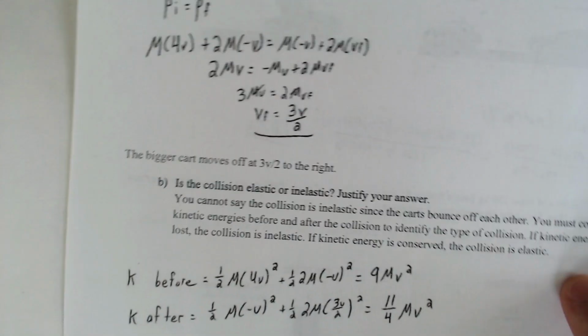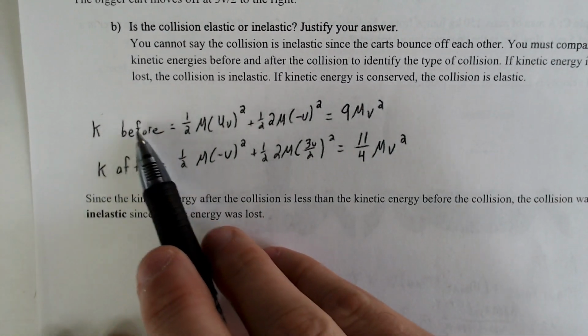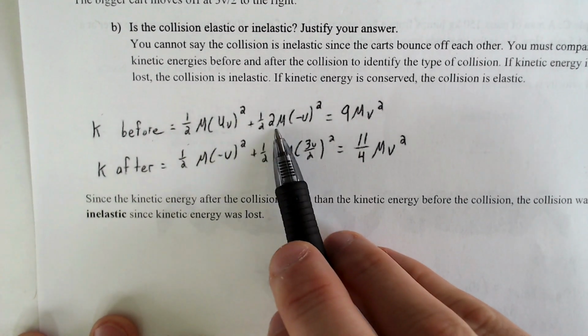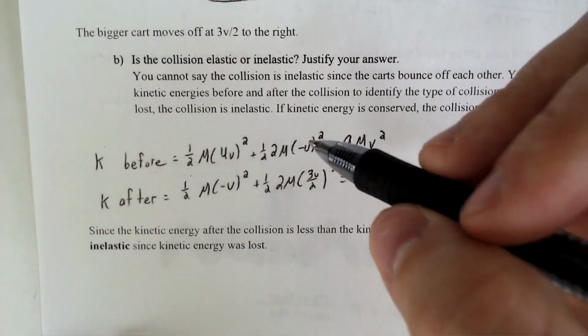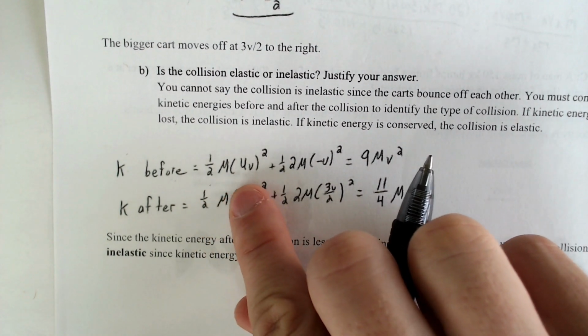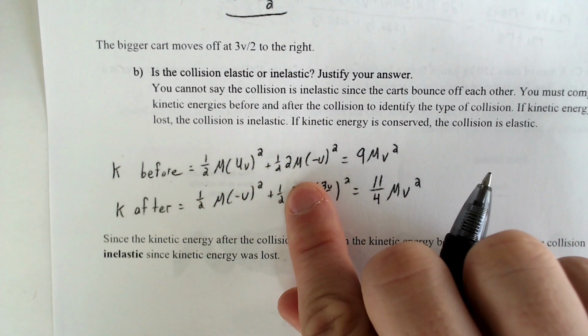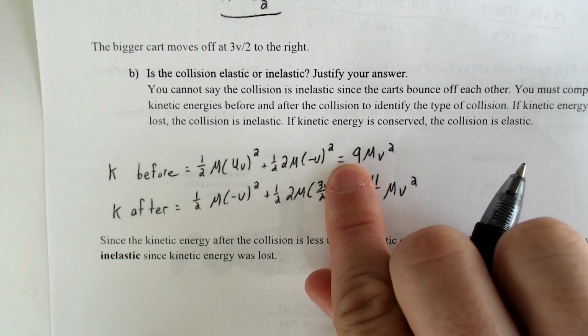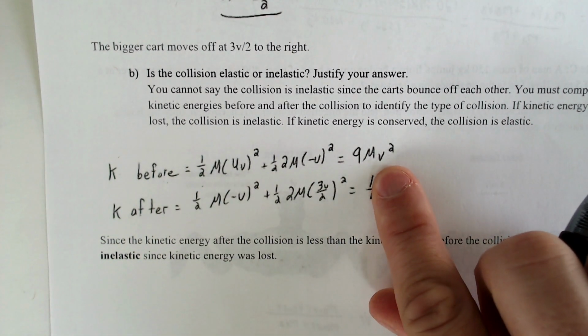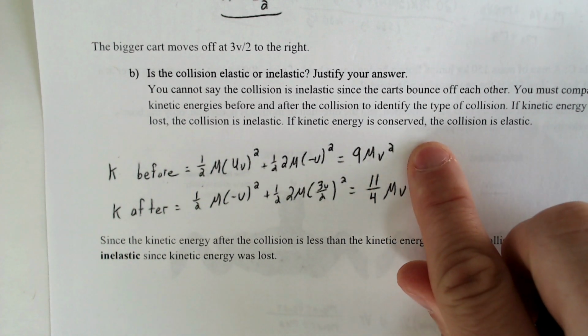The K before would equal 1/2 mv squared plus 1/2 mv squared. Think of the two cars. We had the 4v and the negative v. So originally it was 1/2 m (4v) squared and 1/2 (2m) (negative v) squared. If you do that math, the kinetic energy before the collision is 9 mass times velocity squared.